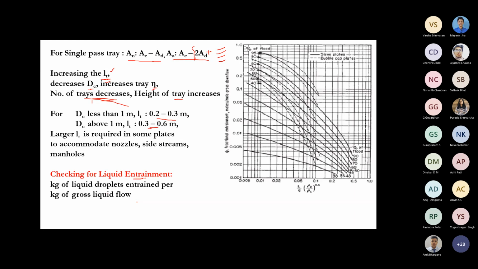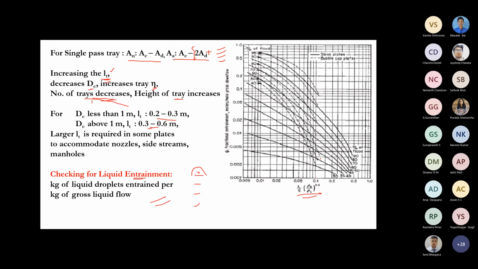Liquid entrainment means the amount of liquid carried by the vapor, which is estimated at the upper tray of the column. So you have n trays. At the topmost tray, you have to check the kg of liquid droplets entrained per kg of liquid flow. Again you can use the same flow parameter, L by G times root of rho G by rho L, power 0.5.